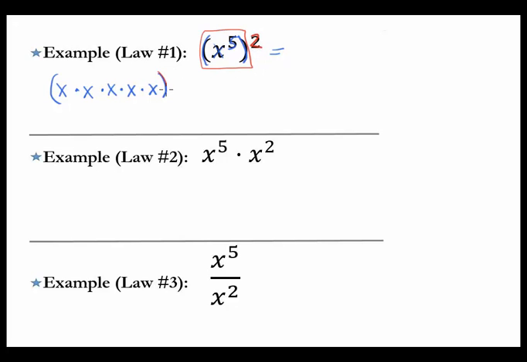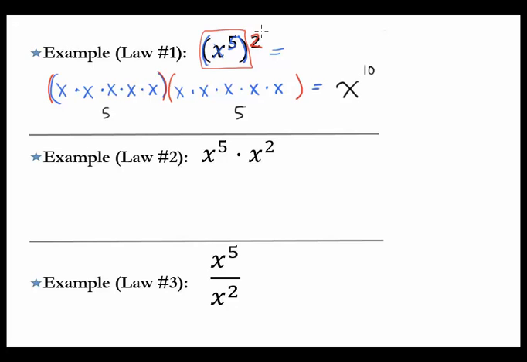So let's take this whole thing and multiply it by itself, by x times x times x times x times x. We did all that work, so how many x's are we multiplying? There's 5 here and 5 here, so altogether there are 10.